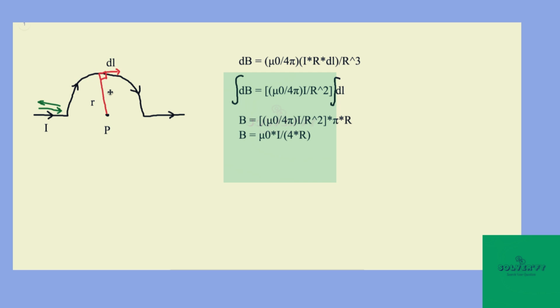So if we point our thumb in the direction of the current, along the outer edge of the circle, notice that no matter where on the circle we are, our thumb is going to be pointing to the right like this up here. Our fingers are going to curl into the page at point P. So regardless of where on the circle, this is all contributing magnetic field pointing into the page, and this is going to be the magnitude.